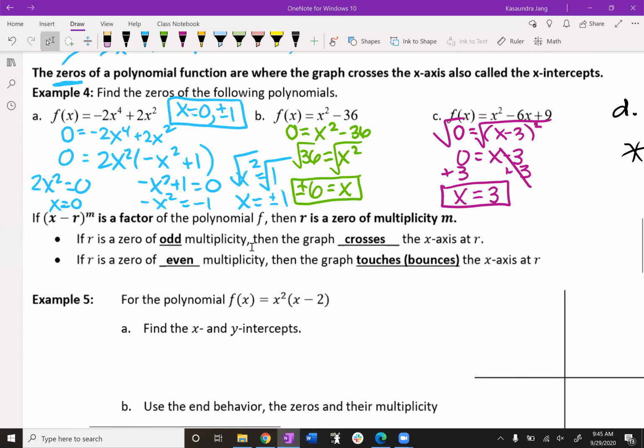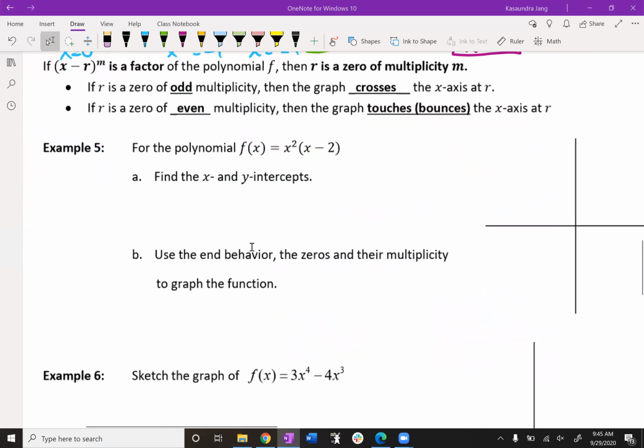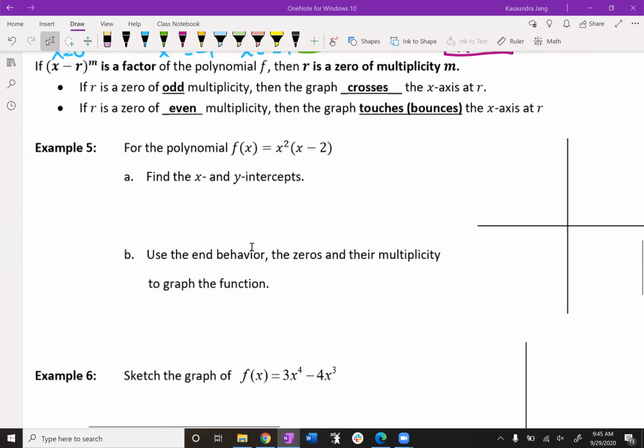Then let's look at this. If it's x minus r to the m, if that is a factor of the polynomial, then r has a 0 of multiplicity m. Again, zeros are basically x-intercepts.